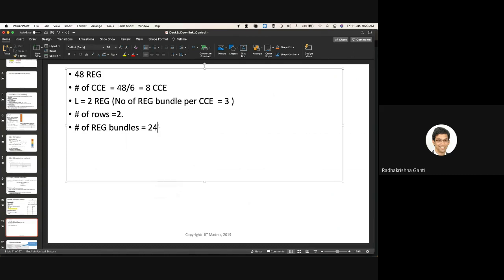Okay, so we have to write both the rows. So let's do this.